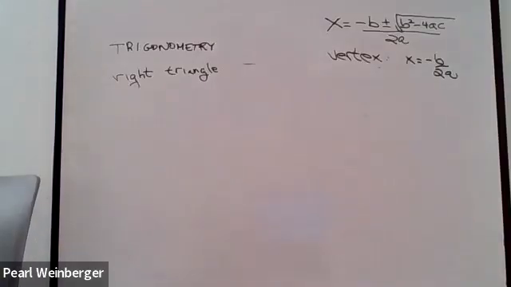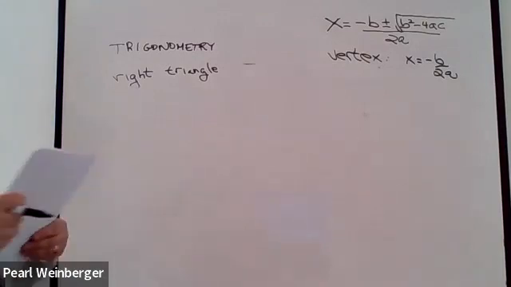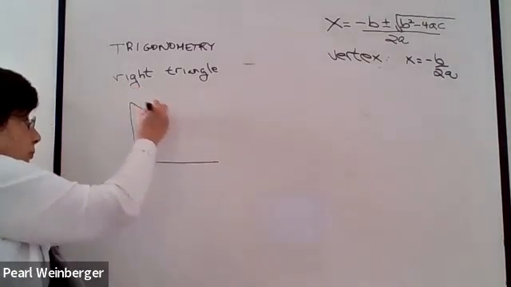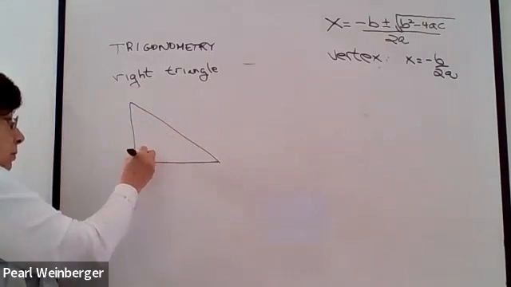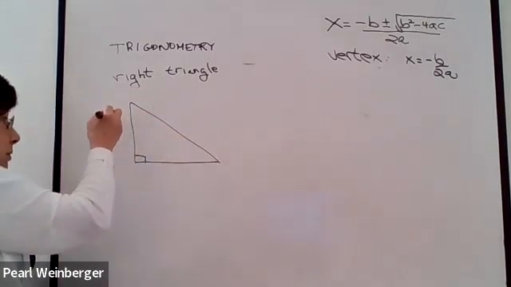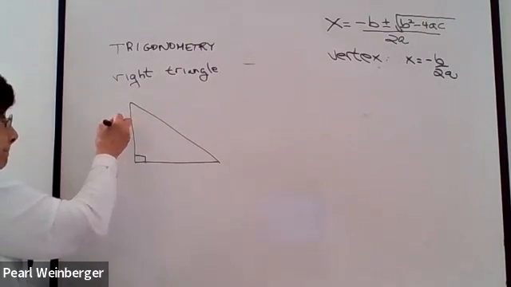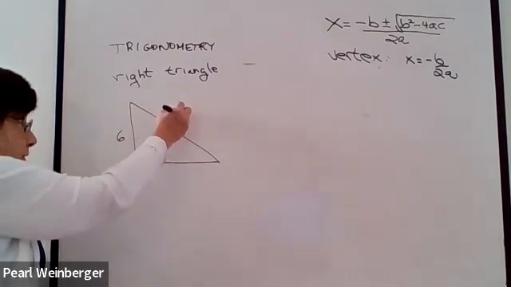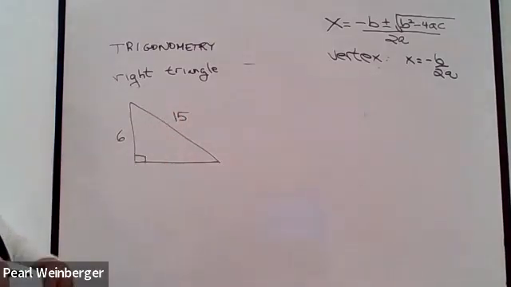Let's say I gave you a right triangle that looks like this. Let's say this is 6, and let's say this is 15. Let's see if you can find that third side of that triangle.